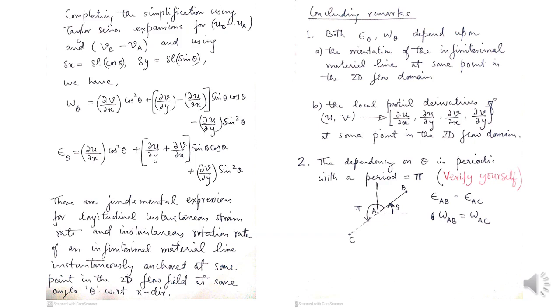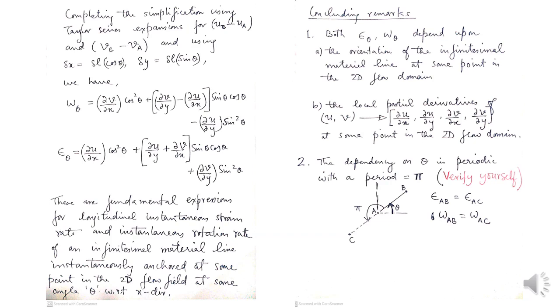From basic trigonometry you can argue that cos square theta can be written in terms of the double angle, 1 plus cos 2 theta by 2. Similarly, sin square theta can be written as 1 minus cos 2 theta by 2. And sin theta cos theta can be written as a single sine term, that is sin 2 theta by 2.